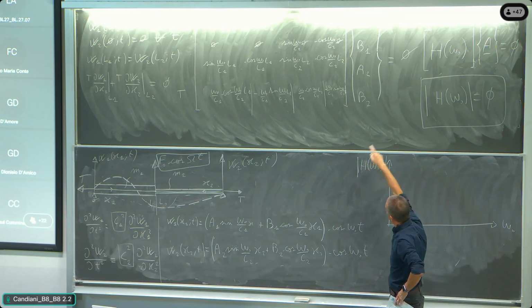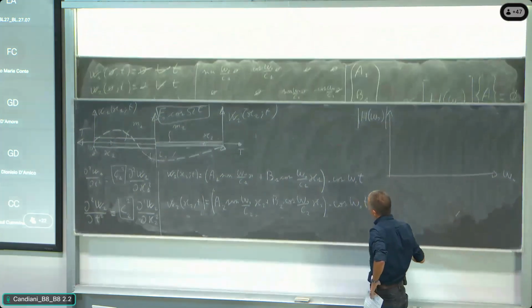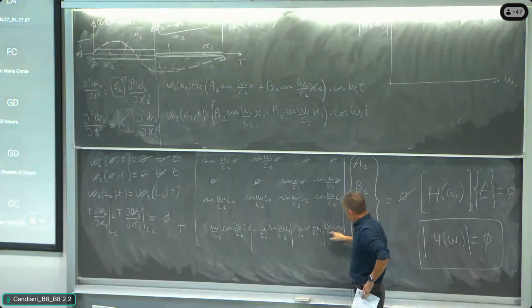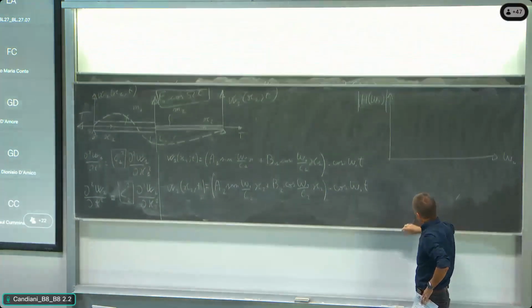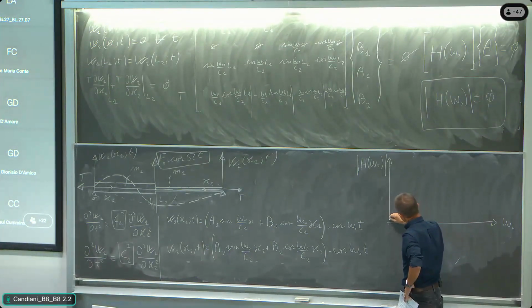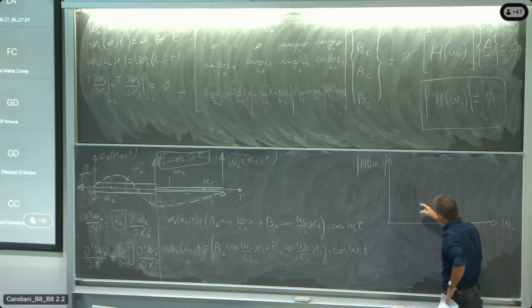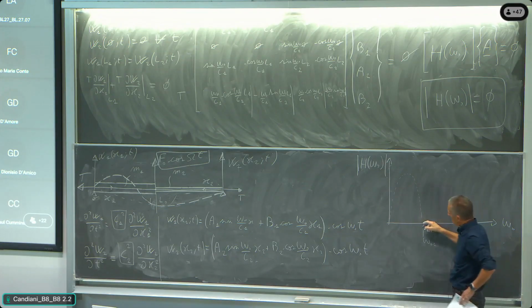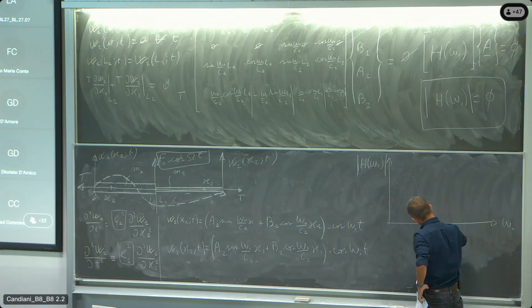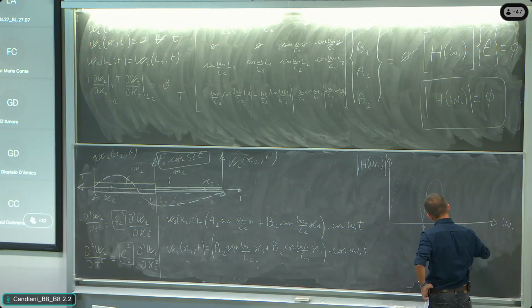We have all the values, C1, C2, whatever. The idea is to show that approaching a specific value, which will be omega 0,1, the determinant goes down, and it will be 0. And then from here, it will jump up again, and this will be omega 0,2.